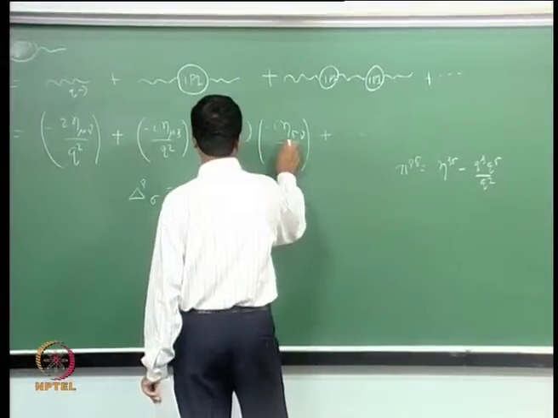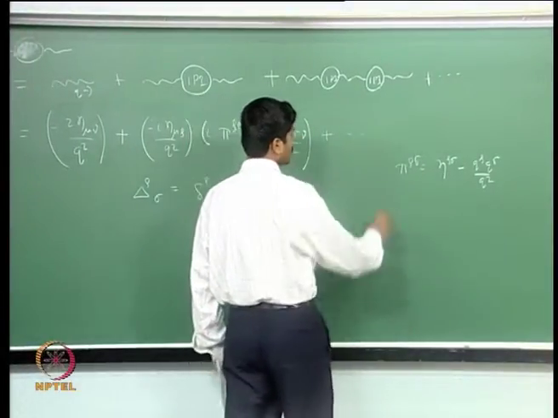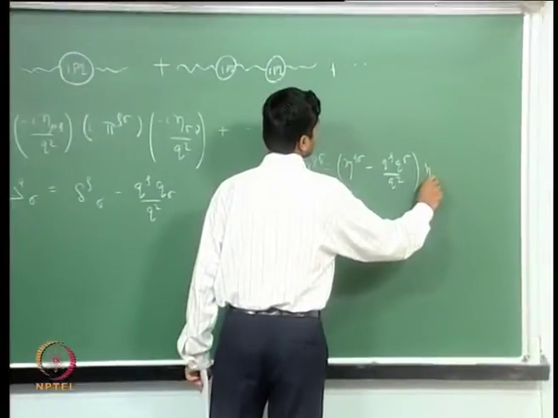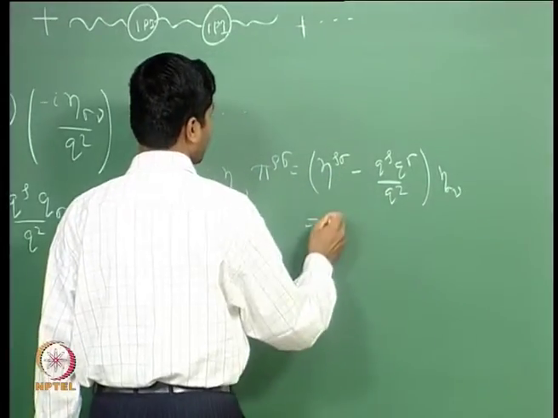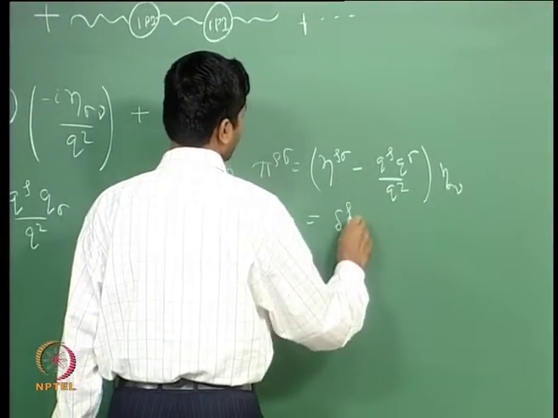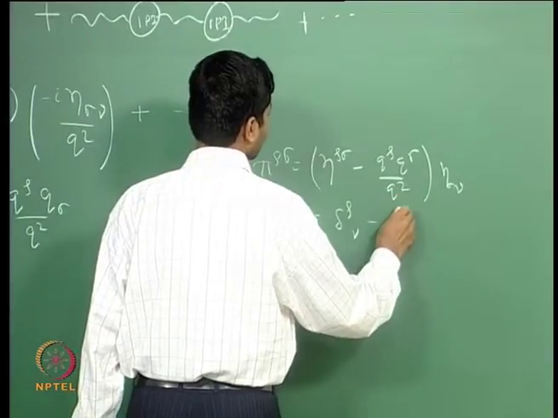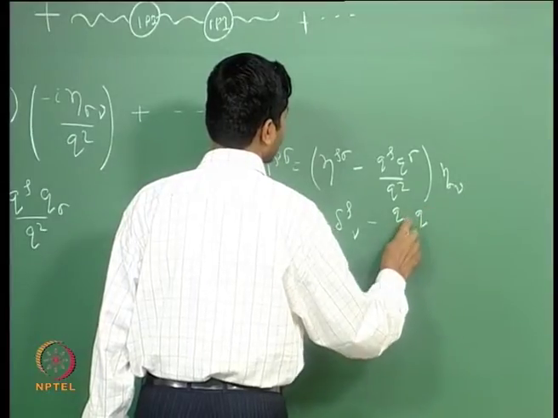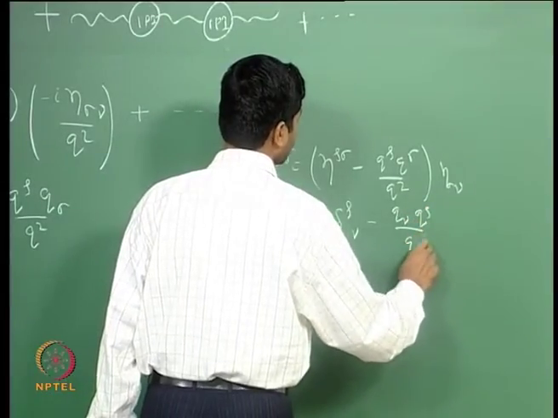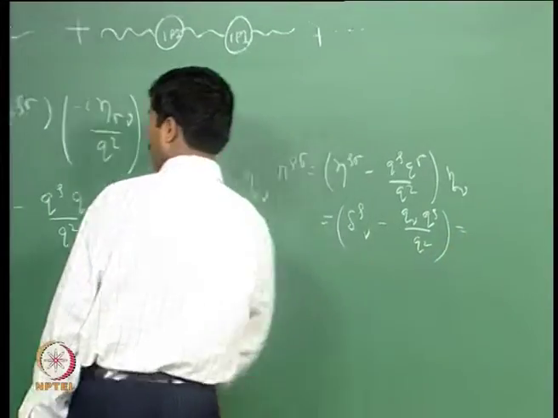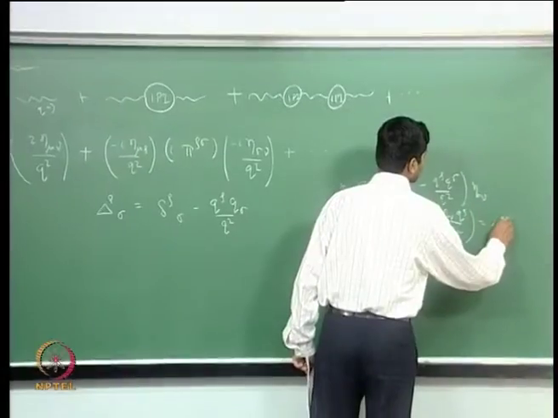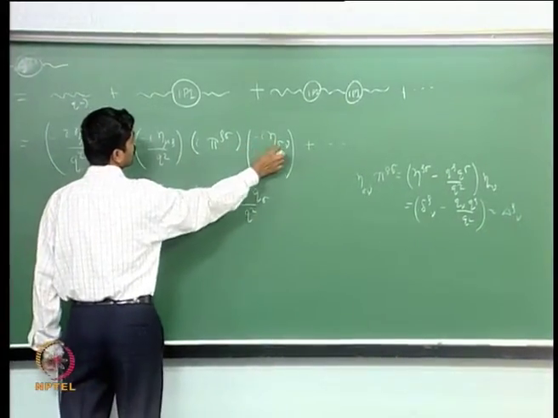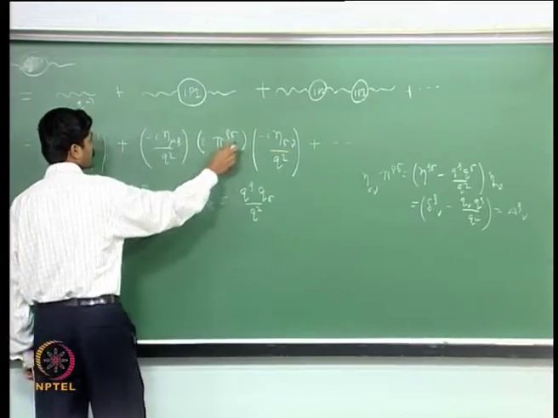To that I will multiply by η_σν. So, it is basically δ_ρν minus q_ν q_ρ divided by q². So, this is this Δ_ρν. This is what I will get if I multiply i η_σν with i times π_ρσ.